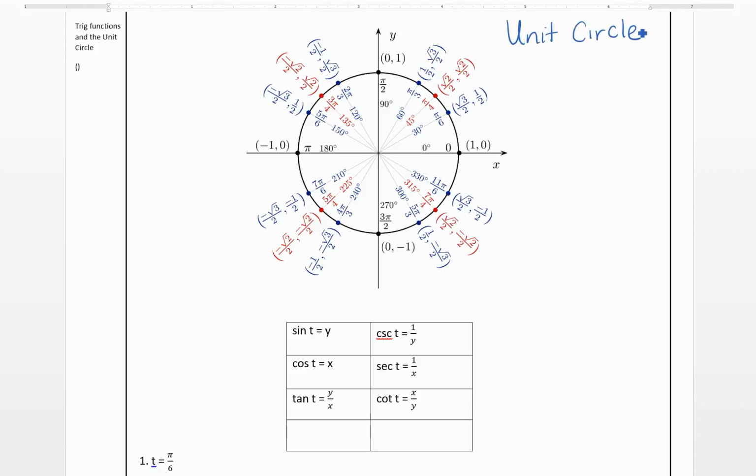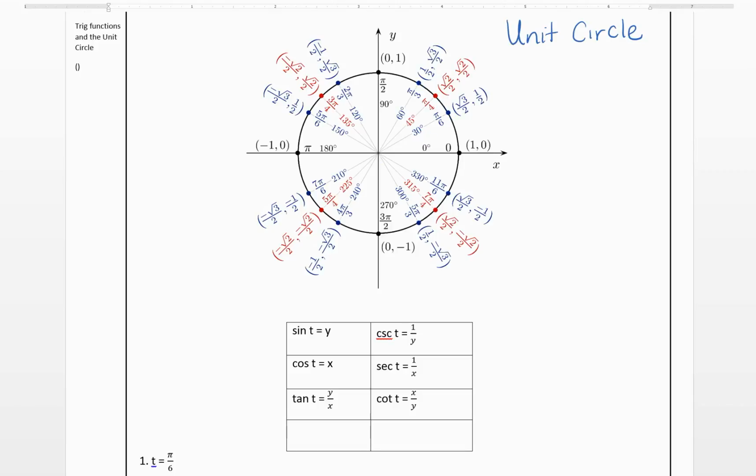Okay, so the unit circle is centered at the origin at 0, 0, and it has a radius of 1. And along this unit circle, in every quadrant, you've got a multiple of 30 degrees, 45 degrees, and 60 degrees, okay?